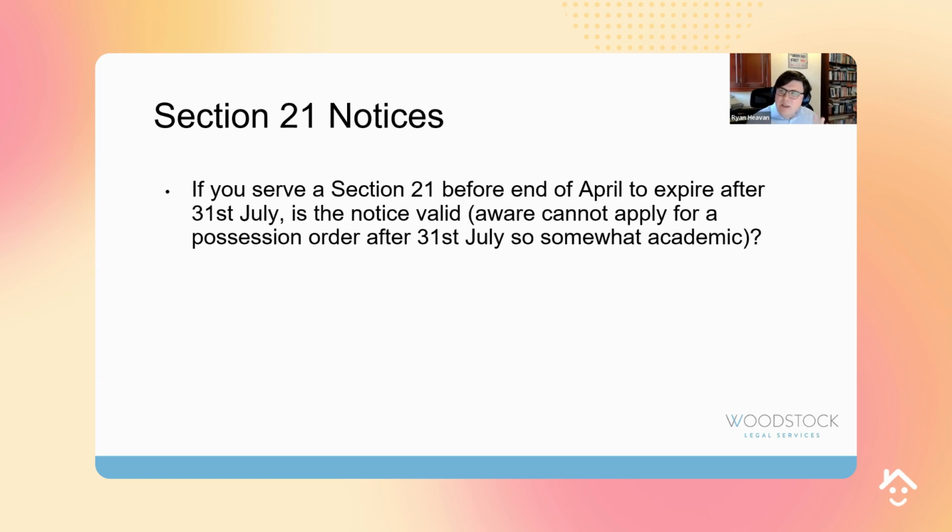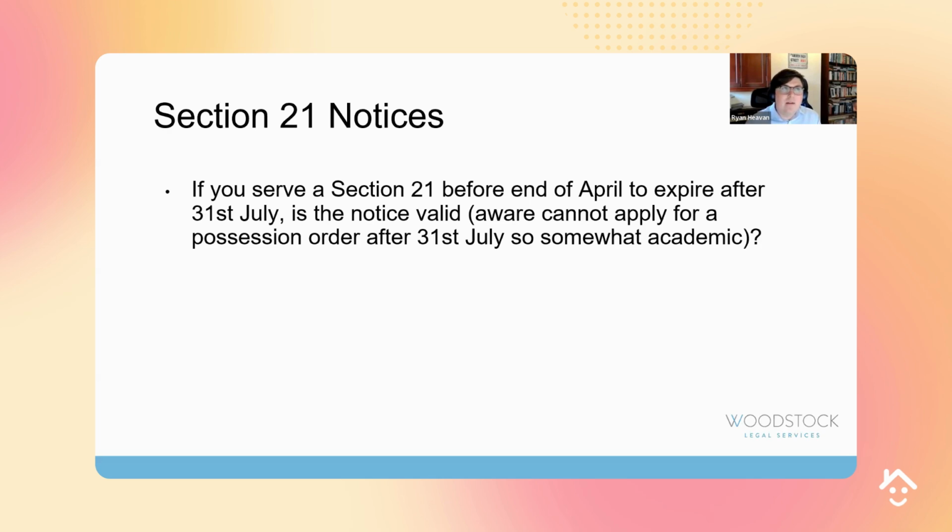There is potentially some weirdness about what happens if the fixed terms come to an end on the 1st of May. I wouldn't want to be a test case for that. So if you find yourself in a scenario where you're arguing that fixed terms come to an end, there might be a way forward there, but it is very risky.